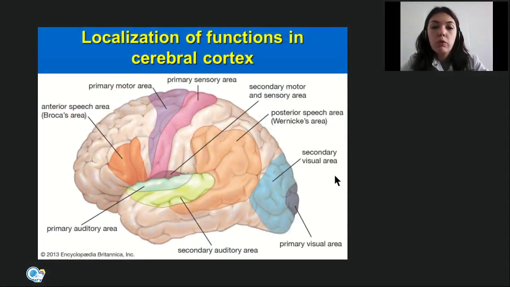But I told you there are also associative centers, which are connected with corresponding projectional centers. For example, here in the posterior 1/3 of inferior frontal gyrus, there is speech area or Broca's area or motor speech area, we also can say. This Broca's area is responsible for the ability of the person to speak.